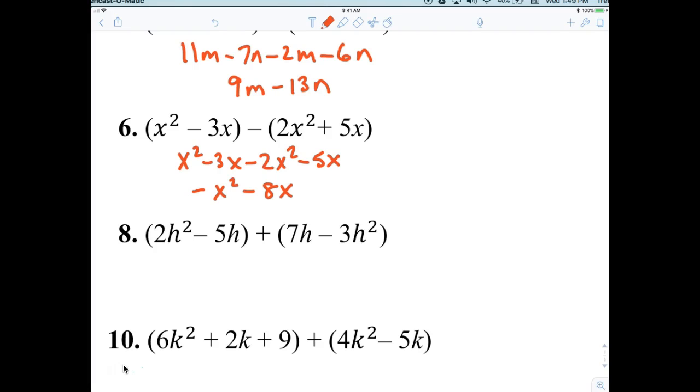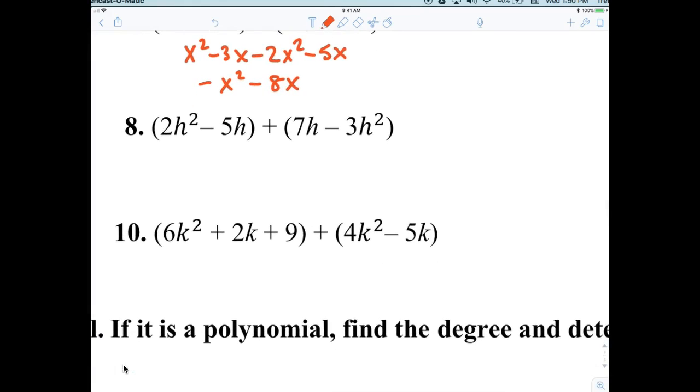Anybody have any issues yet? Very easy. Now for the addition, 2h squared minus 3h squared, negative h squared. Negative 5h plus 7h is plus 2h.